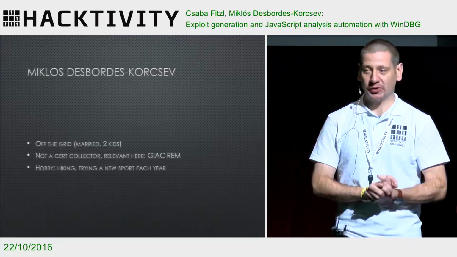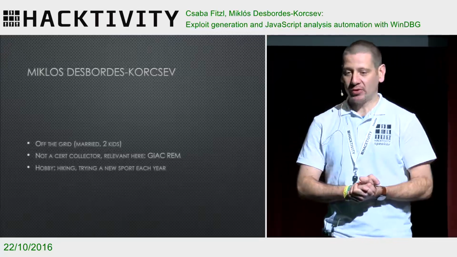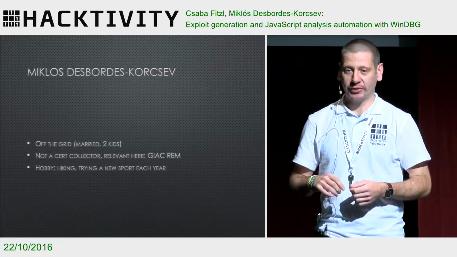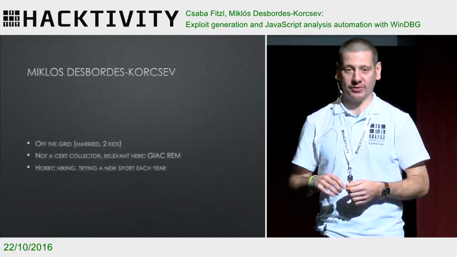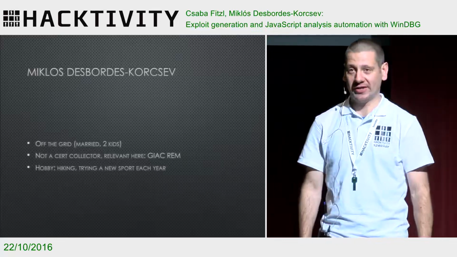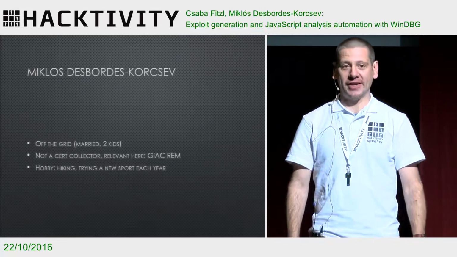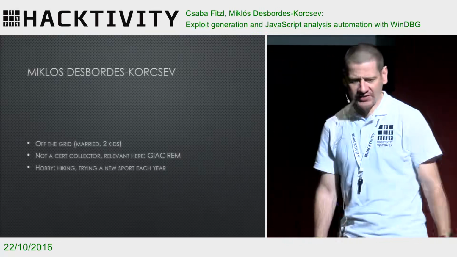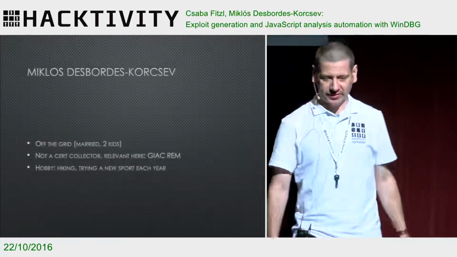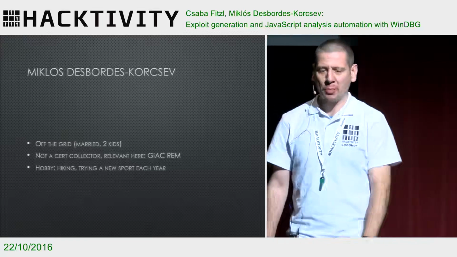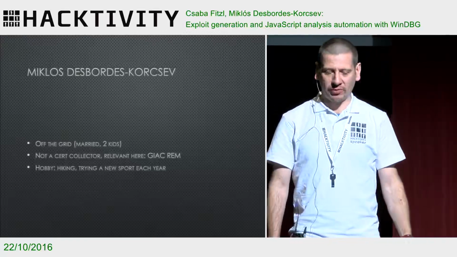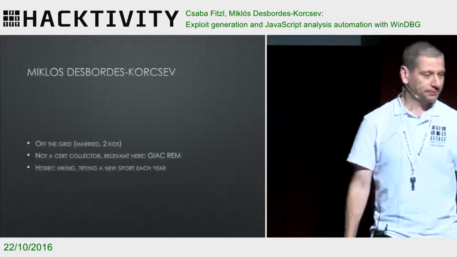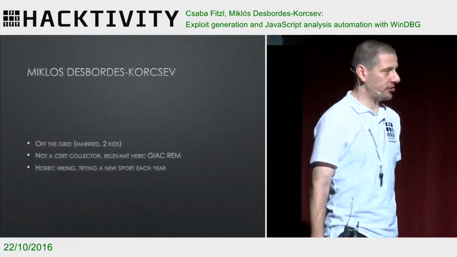I have 2 beautiful kids, and I'm also a hobbyist hacker. Aside from spending hours in front of the screen, I also do a lot of hiking, and each year I try a new sport as a challenge. I have a lot fewer certificates than Csaba, because he's an absolute champion at that. But the one that's probably relevant for today is GREM, GIAC Reverse Engineering Malware. So with that, back to Csaba.